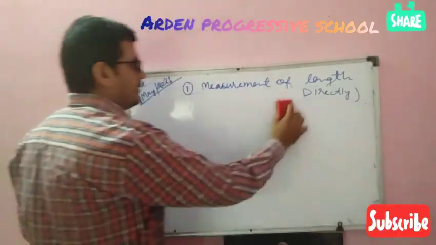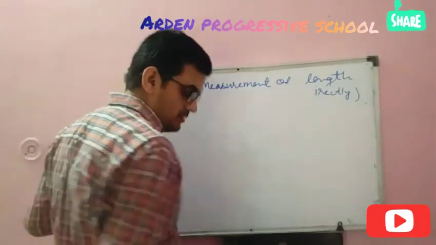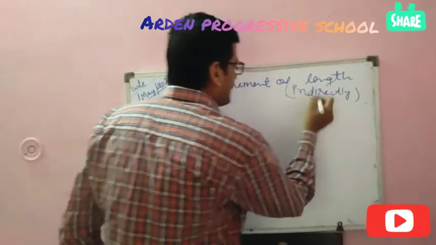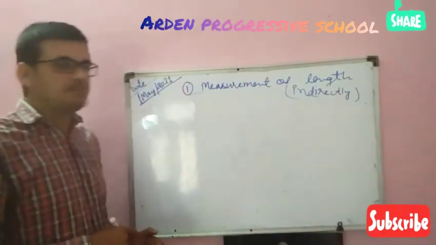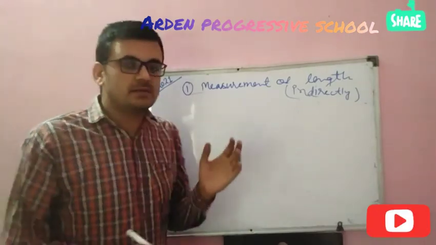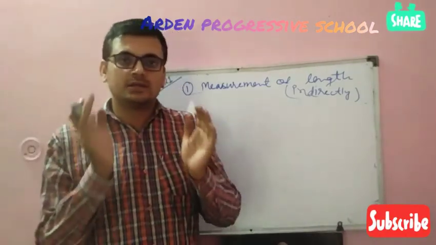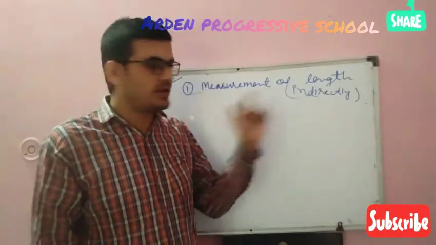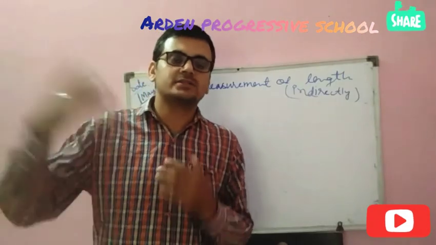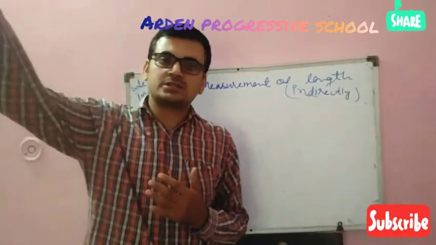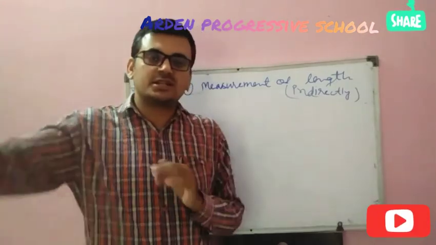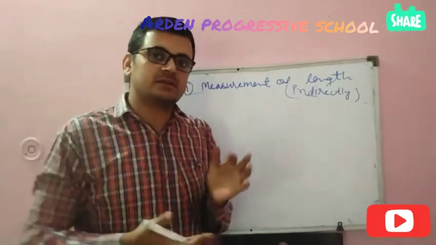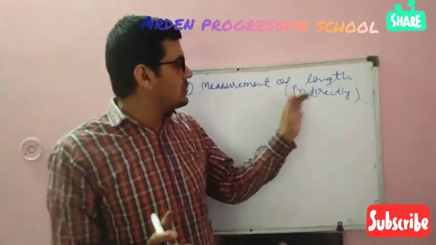Indirect measurement means the distance cannot be measured by any instrument. We do not have any instrument with which we can measure it, like the distance between Earth and Sun. If we are asked to find the distance between a star and Earth, we do not have any scale or instrument with which we can measure it. So we have to use some indirect method.